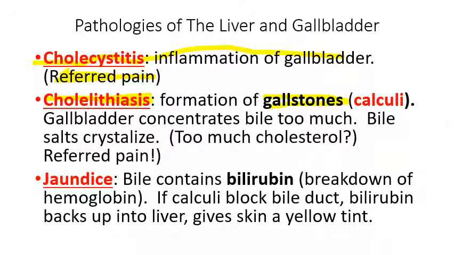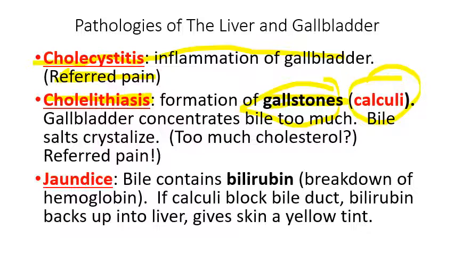So typically we mentioned the fact that the liver produces bile and then puts it in the gallbladder, and the gallbladder concentrates it by removing water. If the gallbladder removes too much of the water, the bile salt will actually precipitate. It will form a solid, and the common name for those little solid green balls is gallstones. The technical name is calculi.